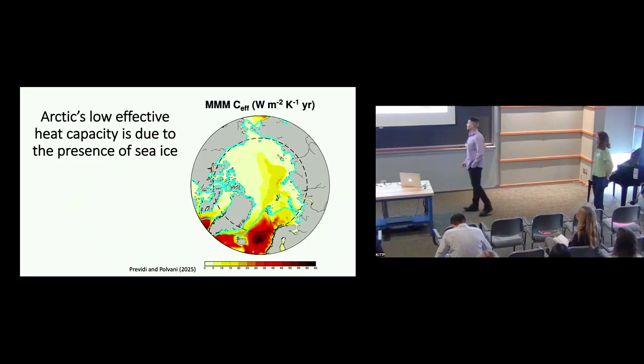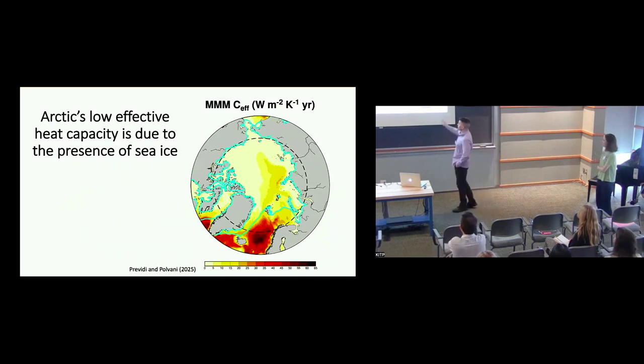Generally speaking, you have maxima in CF where the mixed layer is deep, where you have water sinking. And you see that in this plot for the Arctic. These are areas, I think, of deep water formation in the models where you have these CF maxima. In the Southern Ocean, we know that's one of the main regions where deep water forms and where you have sinking of water masses.